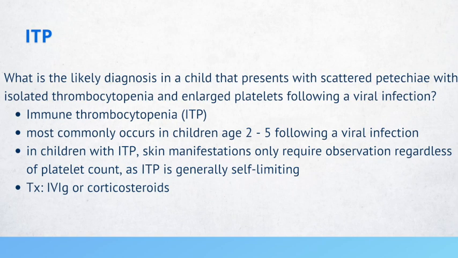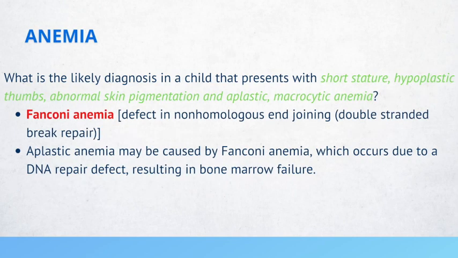It most commonly occurs in children between the ages of 2 to 5 following a viral infection. In children with ITP, skin manifestations only require observation regardless of platelet count, as ITP is generally self-limiting. The treatment for ITP includes IVIG or corticosteroids.